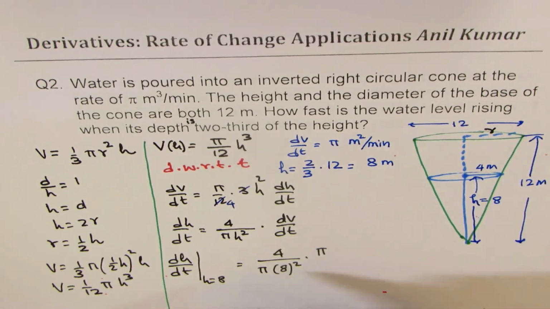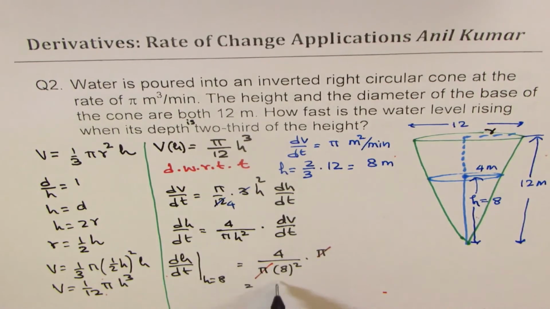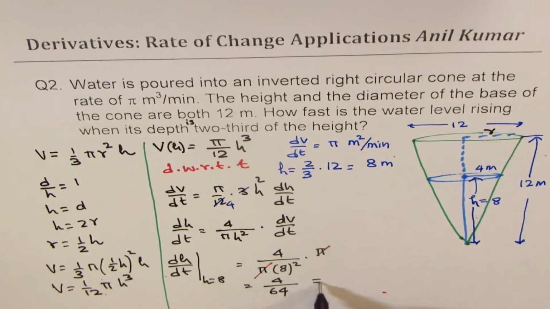So you could appreciate why pi is given, it cancels. So we get an exact answer. Is it okay? So we get 4 over 64, 8 times 8, or 1 over 4 times 1 over 4, which is 1 over 16.